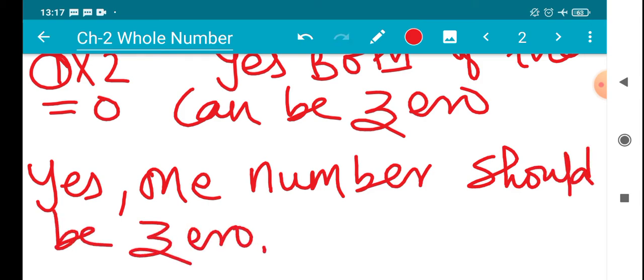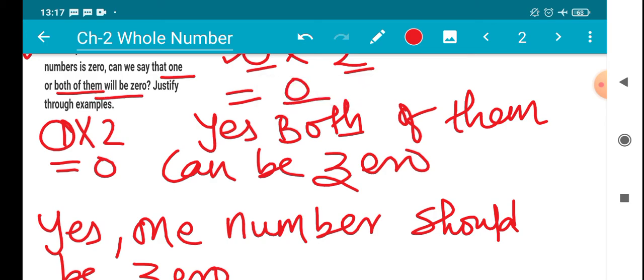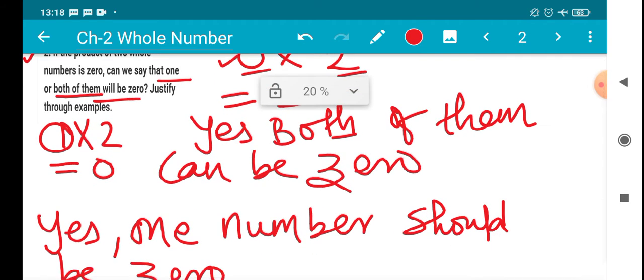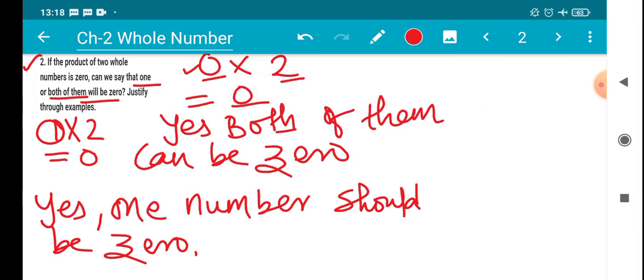Either both should be 0 or one number should absolutely be 0. Otherwise your answer will not be 0. Okay, this is very simple. I want you all to write down in your own way, or you can copy it down from here.